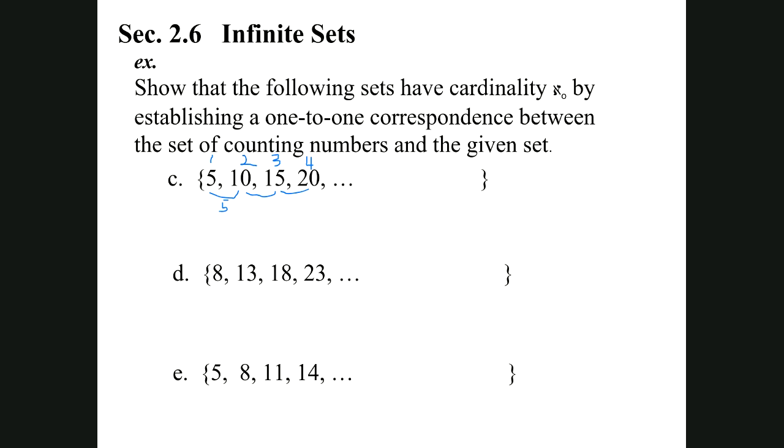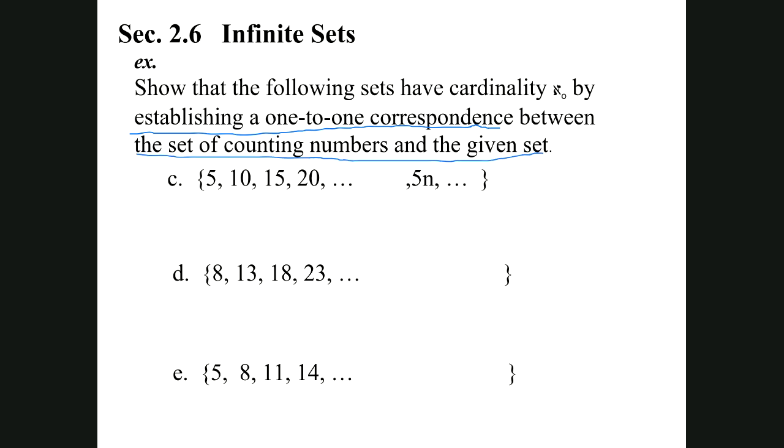And because we keep adding 5 to get to the next term, they're multiples of 5, we know that 5 is the number in front of n, the multiples of 5. So to show that this set has cardinality aleph null, and again, I tell you how to do this, you establish a one-to-one correspondence with the set of counting numbers and this set.